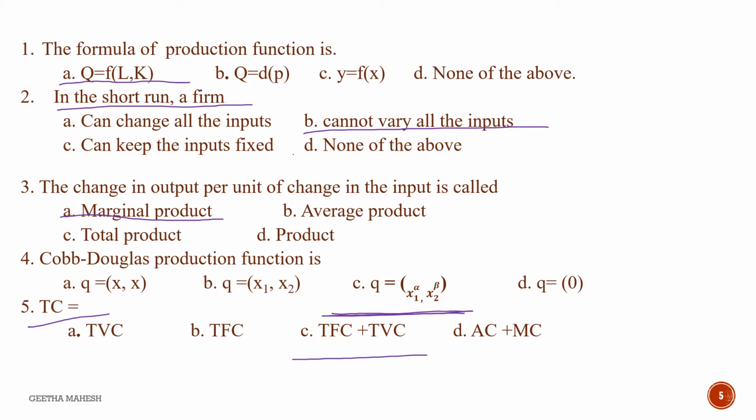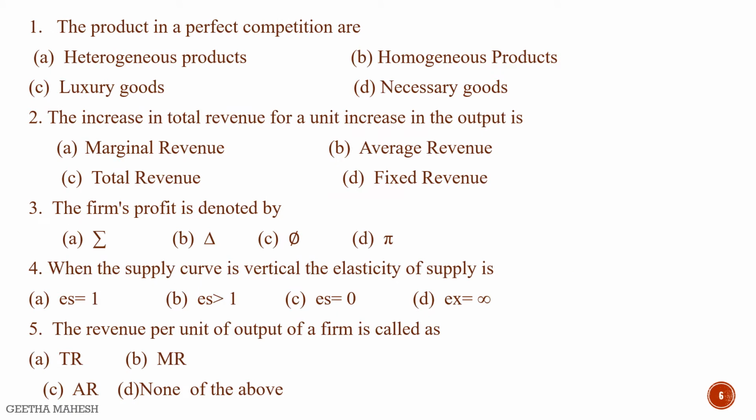The right answer is total fixed cost plus total variable cost. Products in perfect competition are heterogeneous product, homogeneous product, luxurious goods, necessary goods. We know that under perfect competition, products are homogeneous.